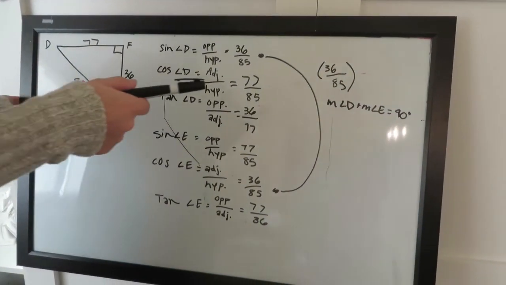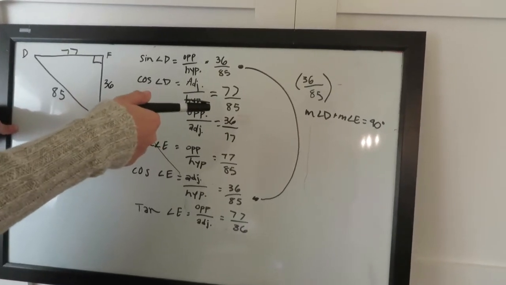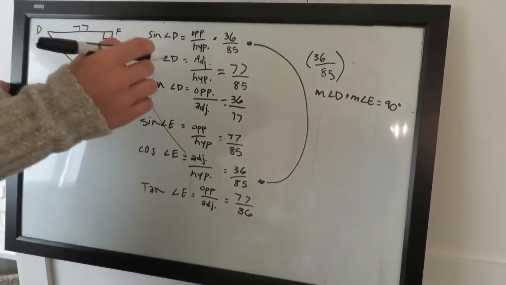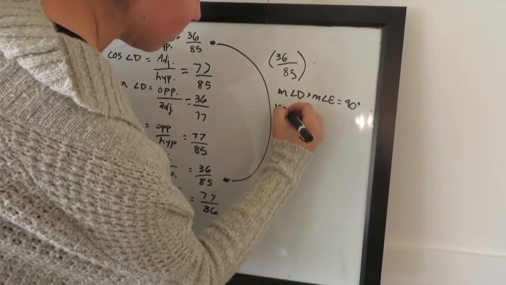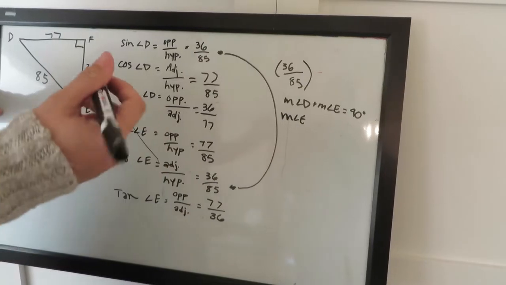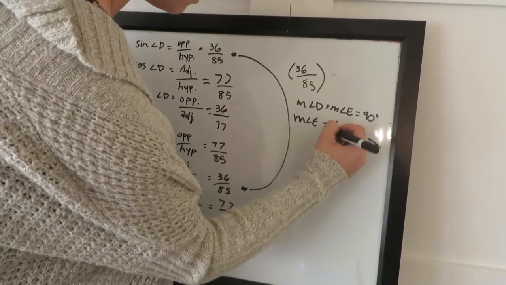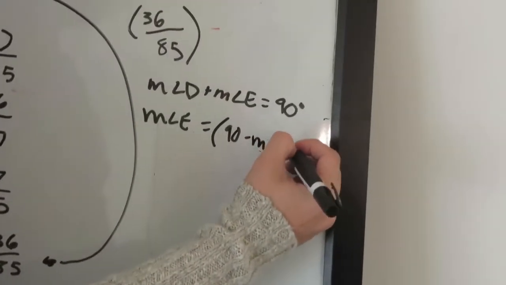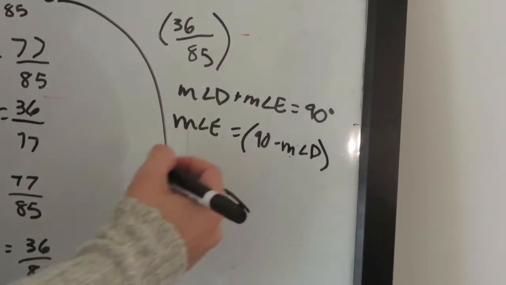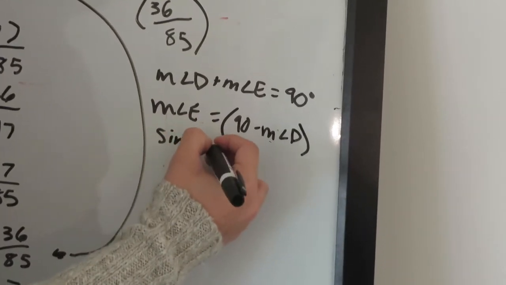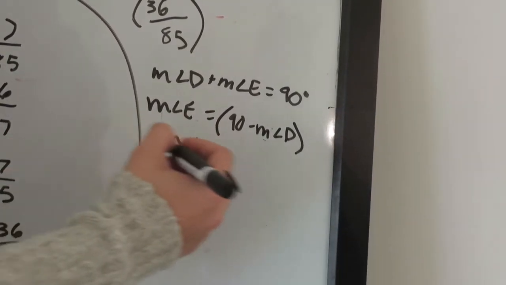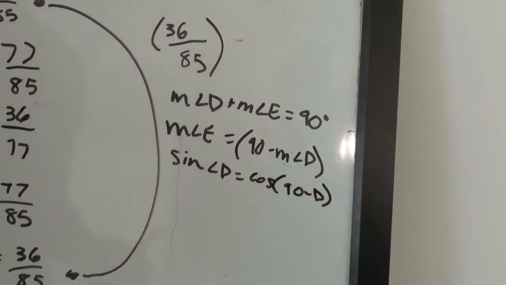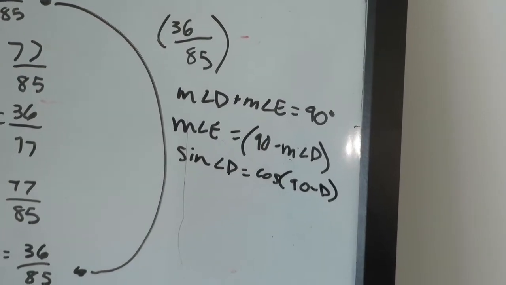Since we use 90 degrees in our triangle, the other two need to be complementary, which means they add up to 90 degrees. So just a little extra, the measure of angle E equals 90 minus the measure of angle D, and the sine of angle D equals cosine of 90 minus D. And these are all of your cofunctions.